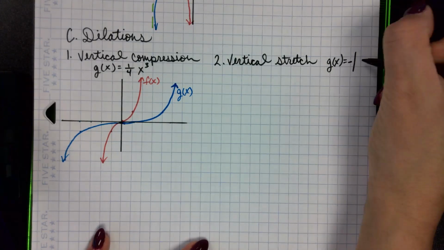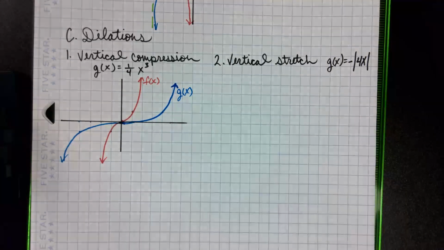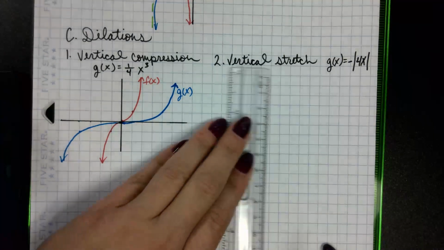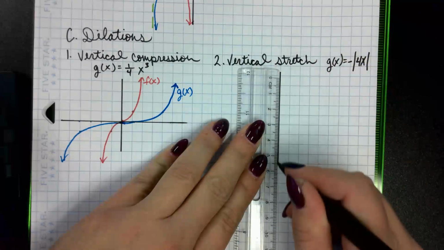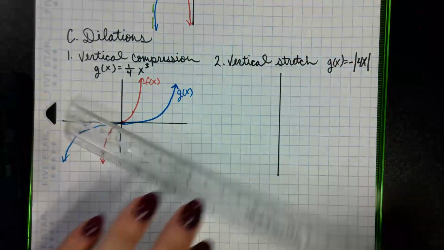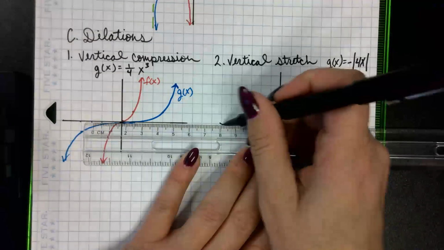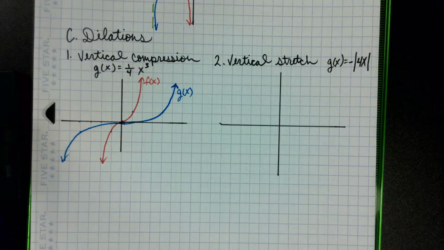Negative absolute value inside 4x. All right, so parent function, f of x, is the absolute value x.